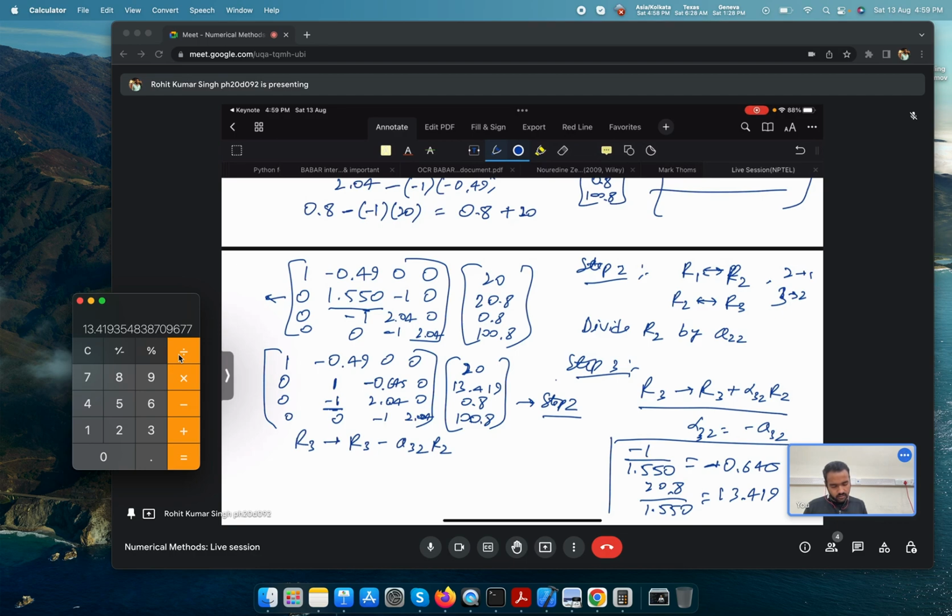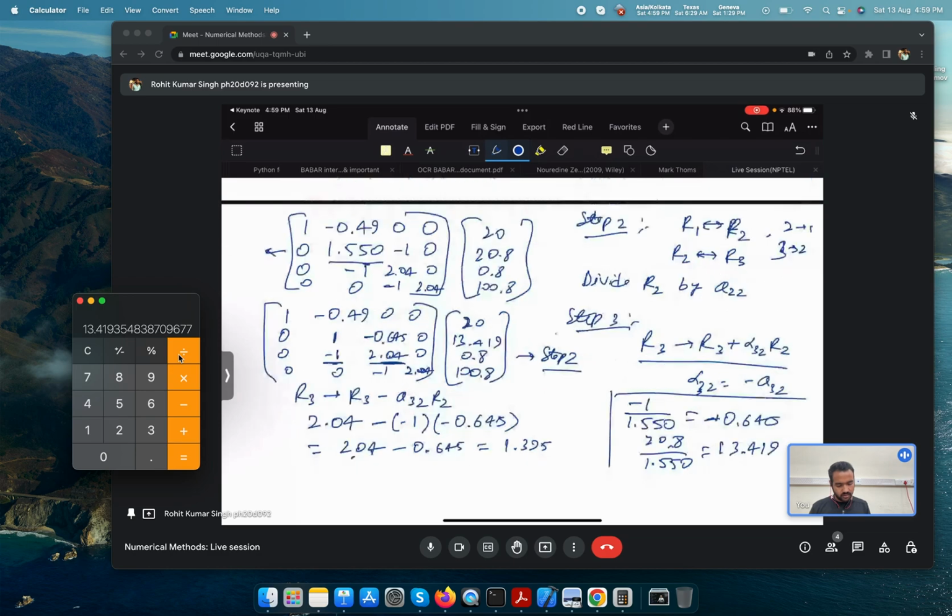And for this element you have 2.04 minus, what is A32? A32 is minus 1, and at row 2 you have minus 0.645, so you have 2.04 minus of minus 0.645, and this is just 1.395.